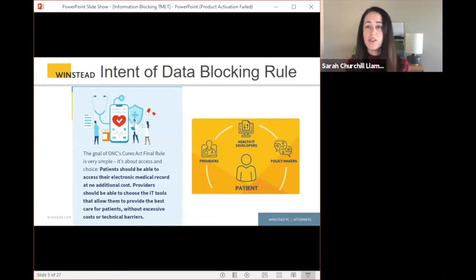So kind of in a nutshell, this slide really talks about, what was the ONC and the 21st Century Cures Act, what were they trying to accomplish? So like I said, they really want patients to be able to access their records with no additional cost, and providers should be able to choose the IT tools that allow them to provide the best care without excessive costs.